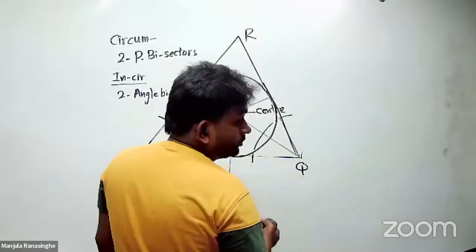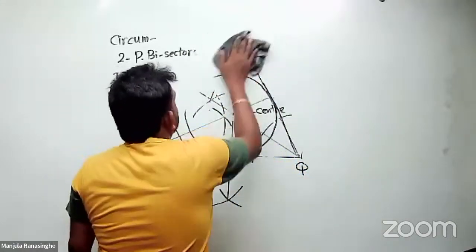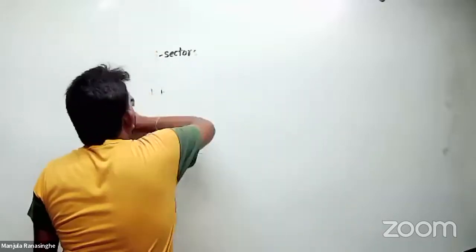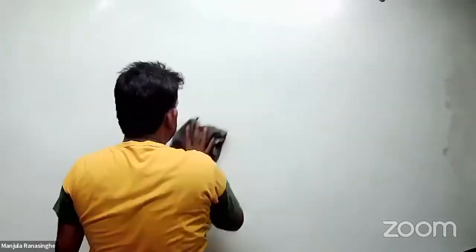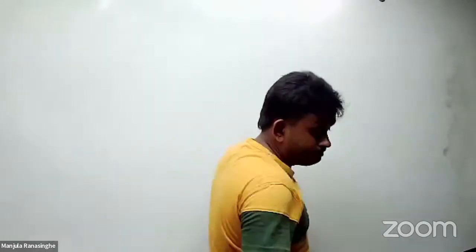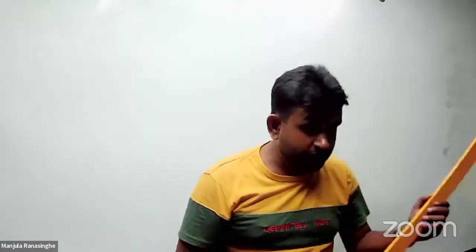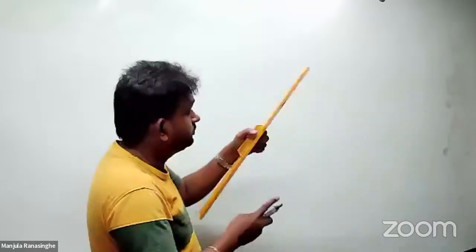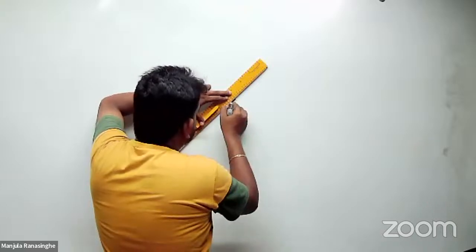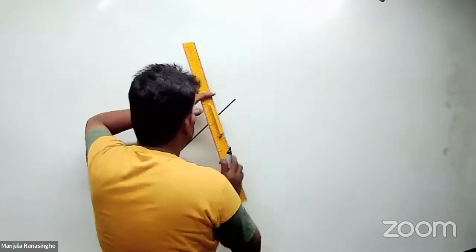So that is done. Now the excircle, the exterior angle. We are going to do the exterior angles and make the circle which runs through the exterior angles. Imagine we have a triangle here. This is my triangle.